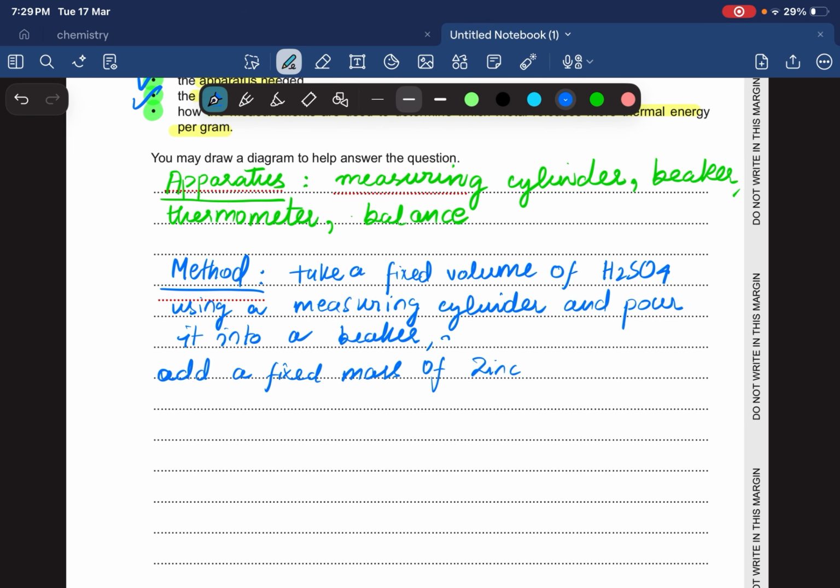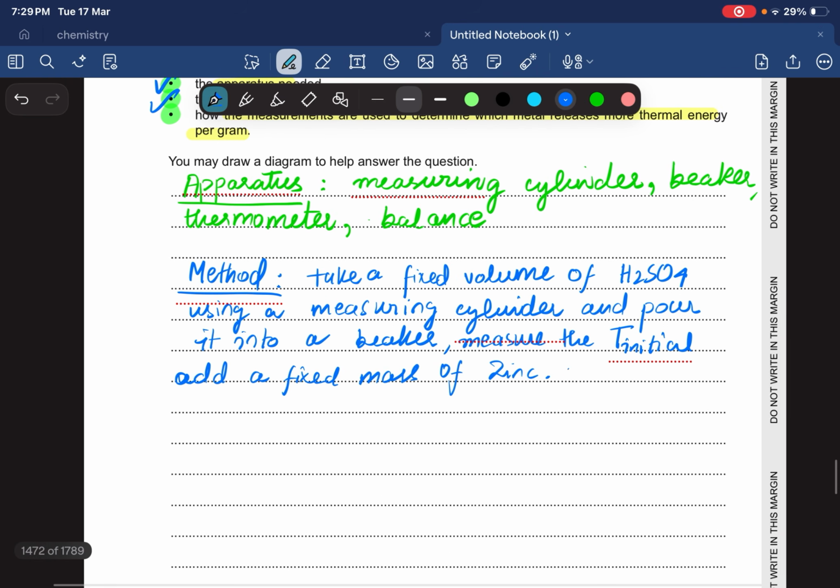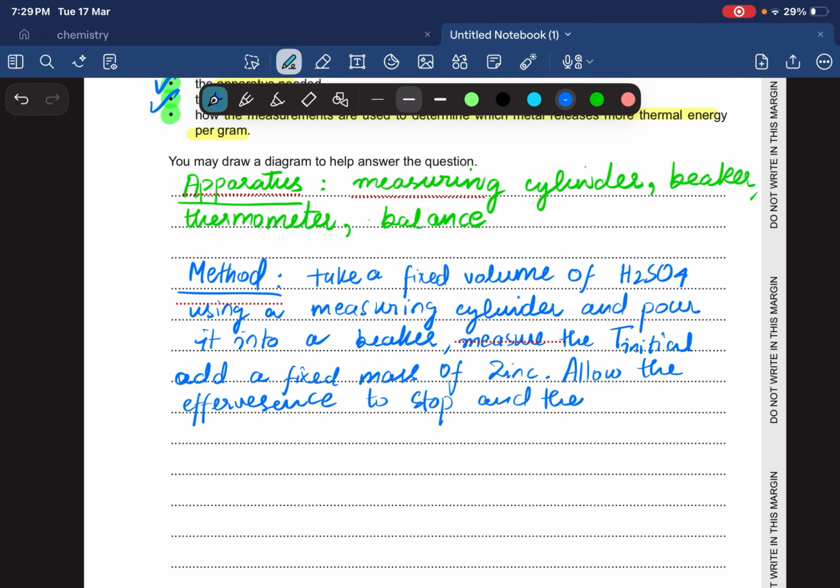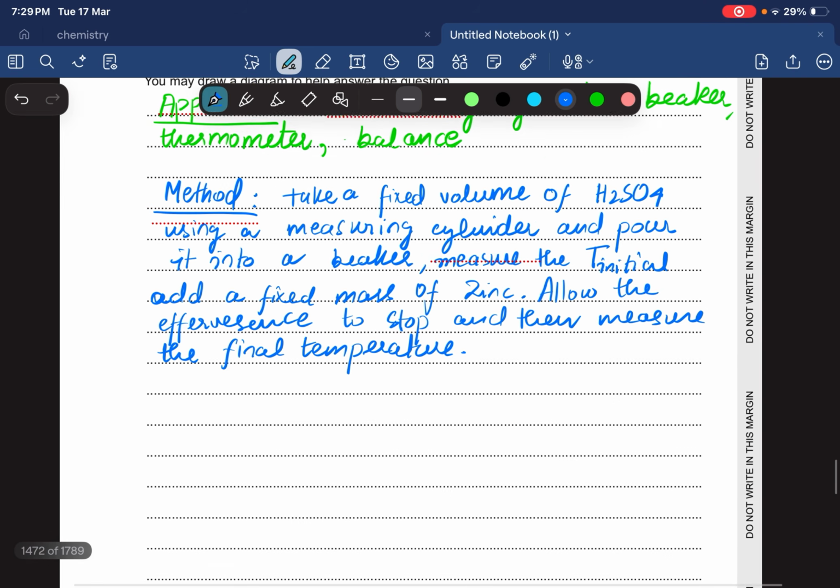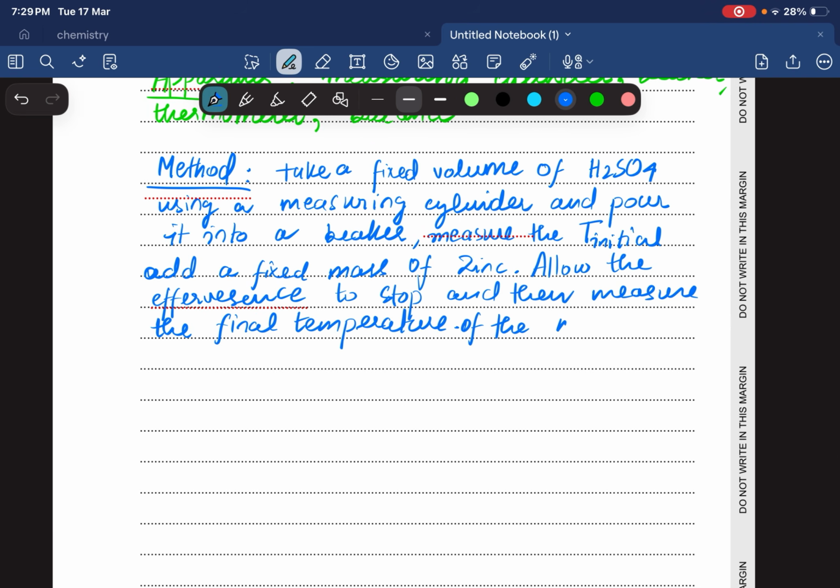Measure the initial temperature, and then add a fixed mass of zinc. Allow the reaction to proceed. Allow the effervescence, because you're going to produce hydrogen gas, to stop, and then measure the final temperature of the mixture.